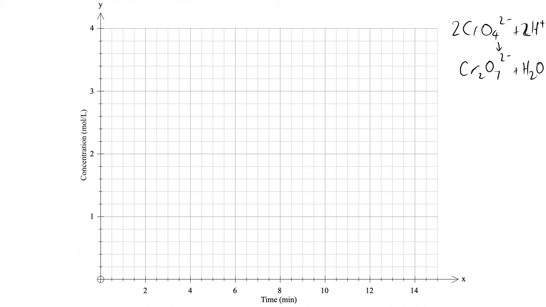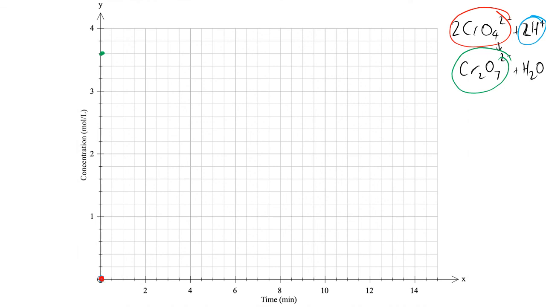Okay, let's just say that we have lots of Cr2O7 2- at the start, 3.6. Alright, and we have no H+ and no CrO4 2-.